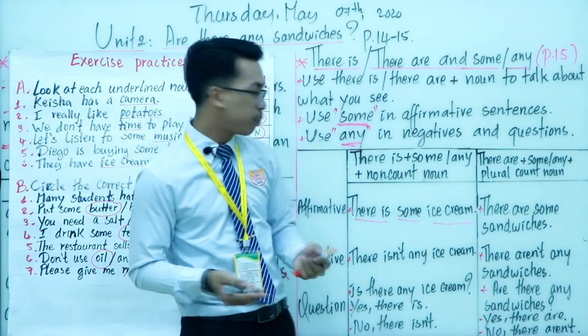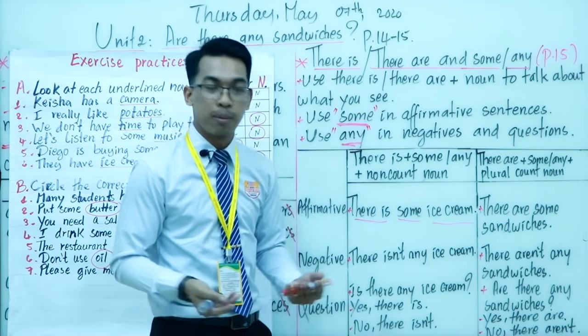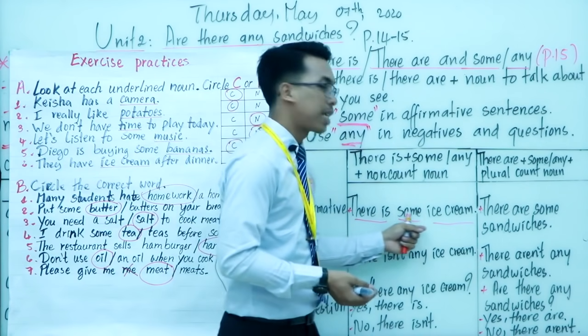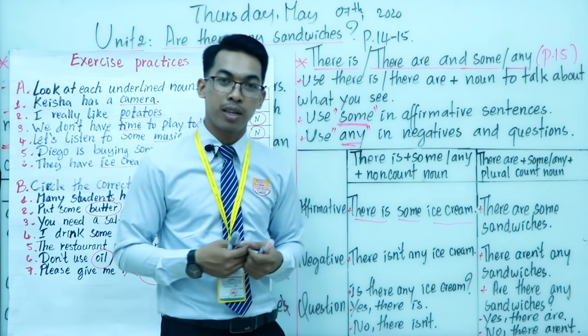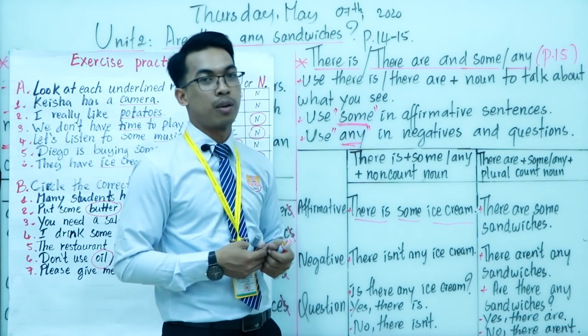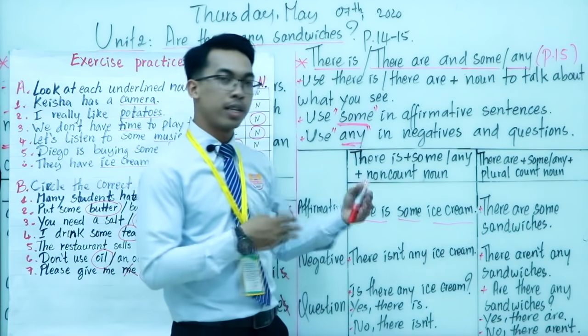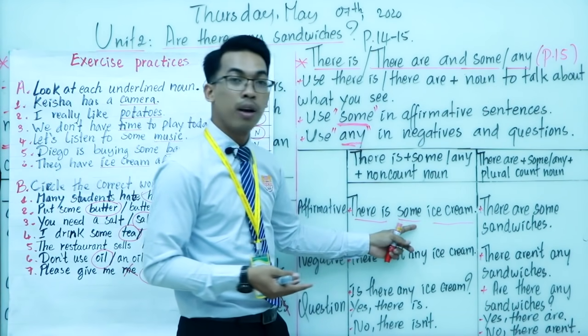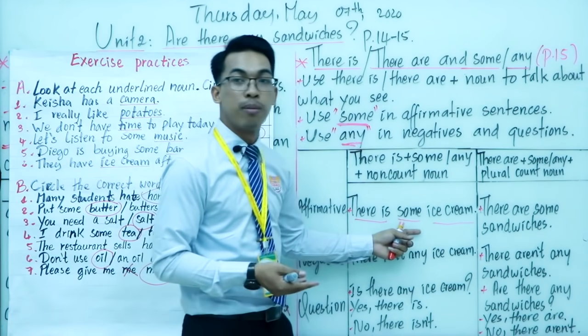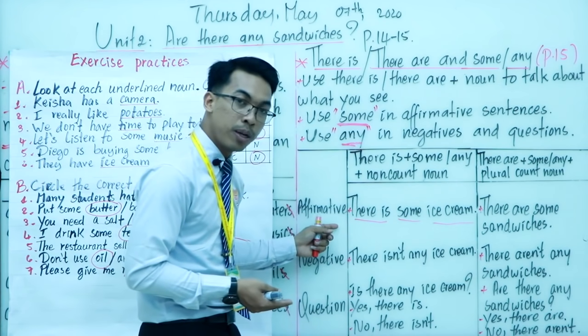You got it, everyone? Or we can use another example. There is some water. So water is a count noun or non-count noun? Non-count noun. Very good. So you can find other examples. We use some in the affirmative, so the sentence is in the affirmative form. You got it, everyone? Good.